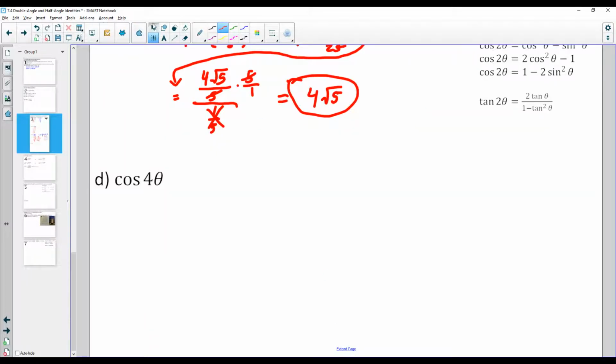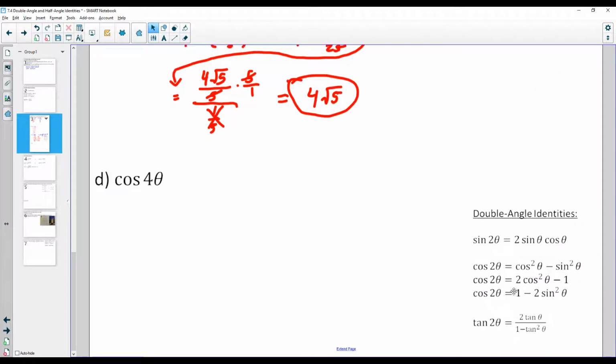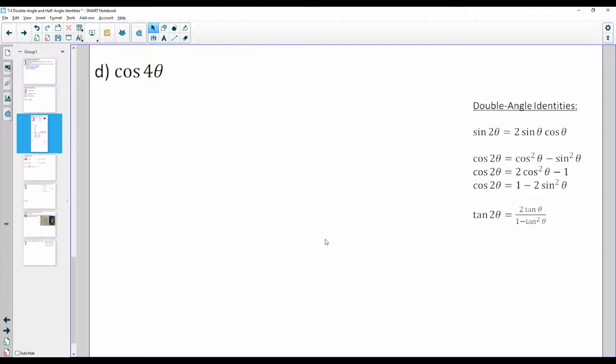Cosine, here first, let's bring this with us. Cosine of 4 theta, well, 4 theta is really 2 times 2 theta. So what we really have here is cosine of 2 theta.